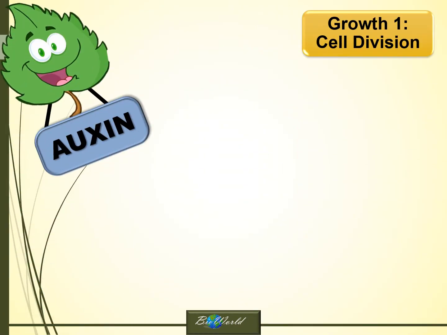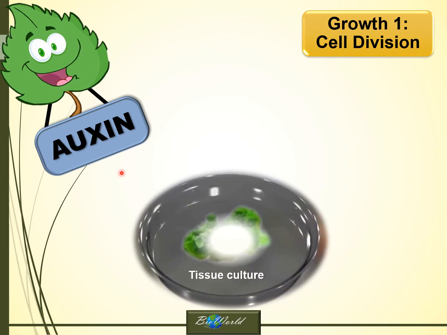Have a look at the first example of growth, that is cell division. The role of auxin is very obvious in the process of cell division during tissue culture. Tissue culture is when we take a piece of tissue from a plant and then we grow it in a culture medium so that it becomes a clone. For the cells to divide, we need to add auxin plus another hormone, that is cytokinin.